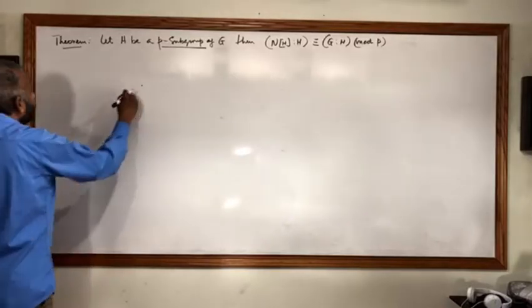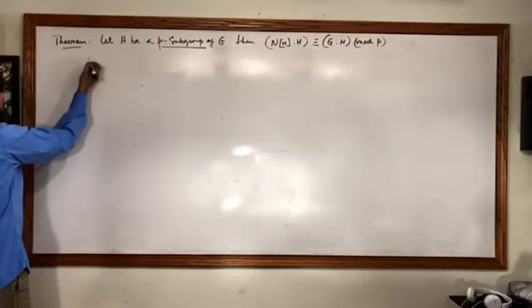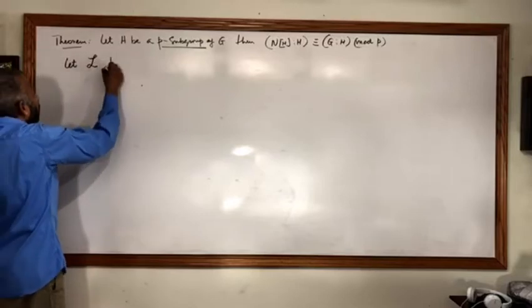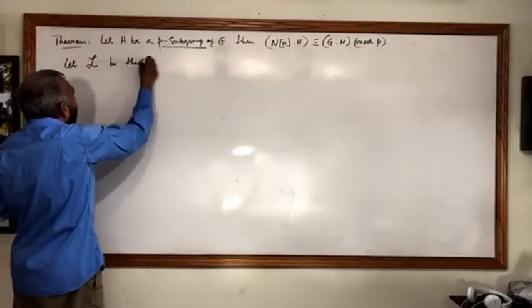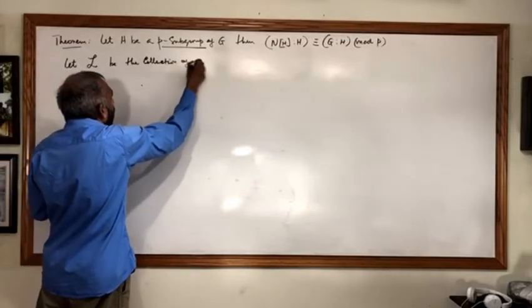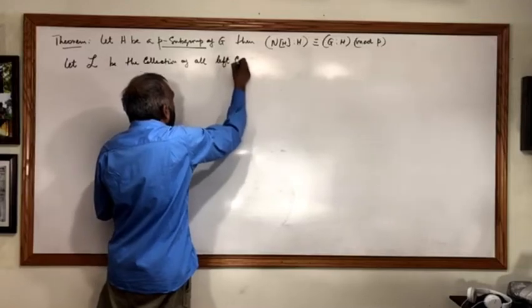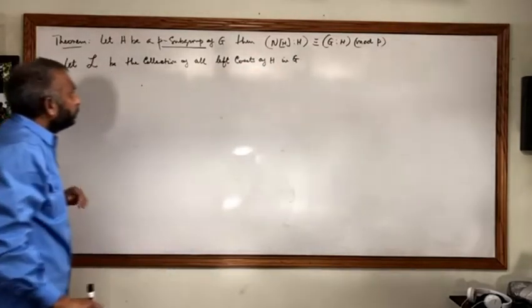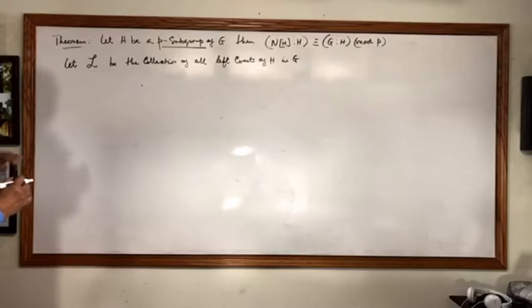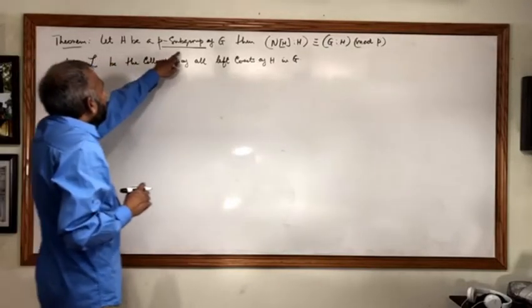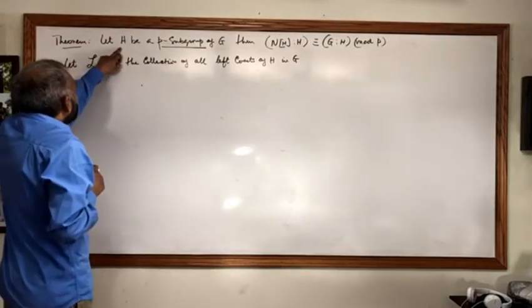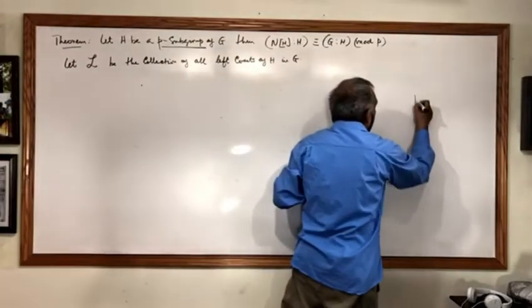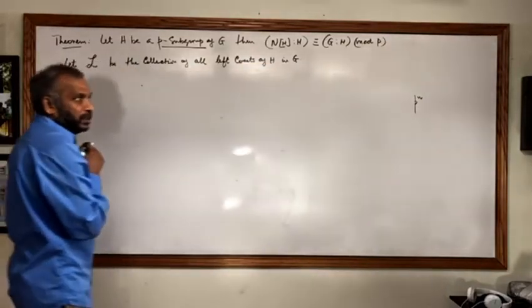So let us try to prove this. Let L be the collection of all left cosets of H in G. H is a P-subgroup, meaning H itself is a P-group, meaning the order of H should be of the form P to the power of n, and that is a corollary of Cauchy's theorem.